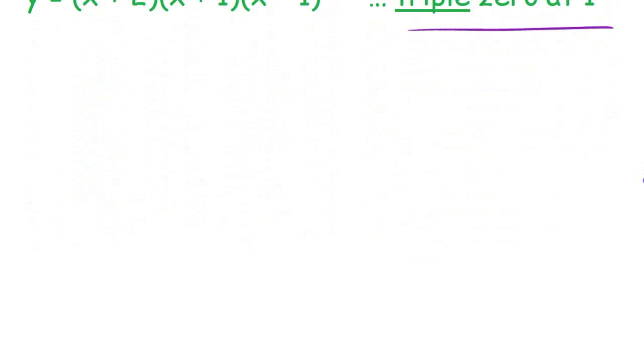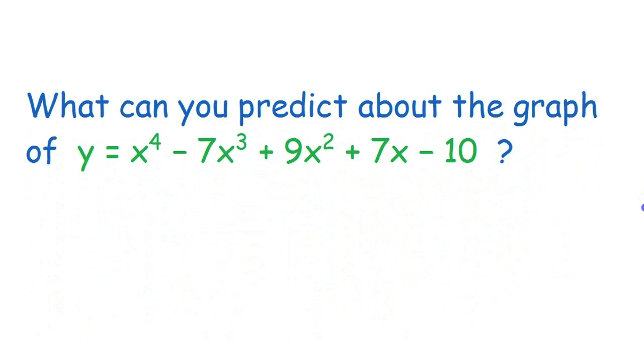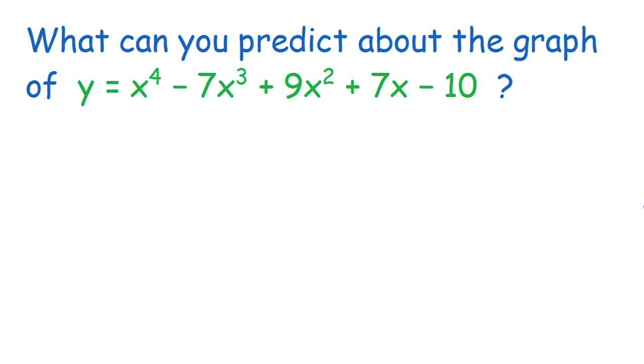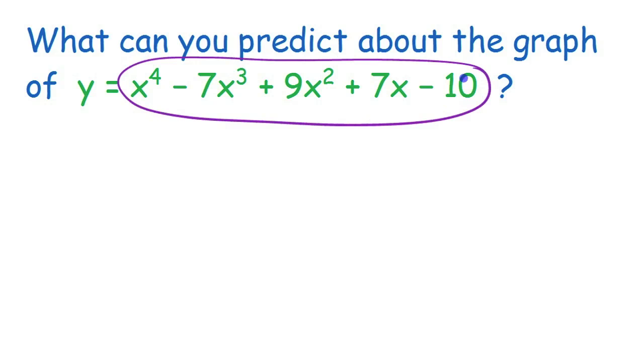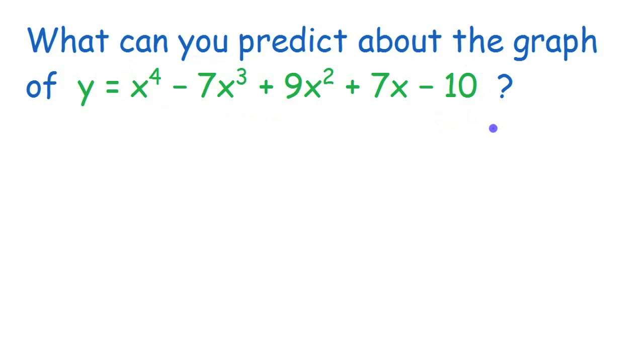But now let's try something with this where we don't have the factored form and we don't have the graph, but we're going to try and predict something about the graph. How can we predict something about that? Well, you are good enough at factoring polynomial expressions by now that we can go through and factor this, and then that can tell us something about the graph.